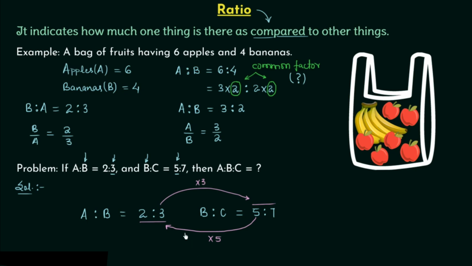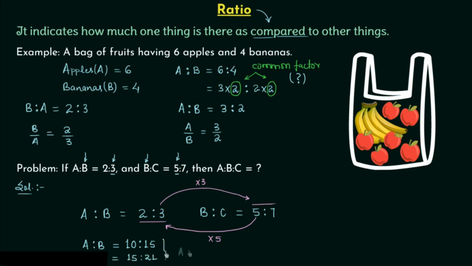By doing so, we will have 15 as B here, and here also we will have 15 as B, and therefore we will have the same value for B. So the new A ratio B is equal to 10 ratio 15, since 2 multiplied by 5 is 10 and 3 multiplied by 5 is 15, and the new B ratio C is equal to 15 ratio 21, since 3 multiplied by 5 is 15 and 3 multiplied by 7 is 21.